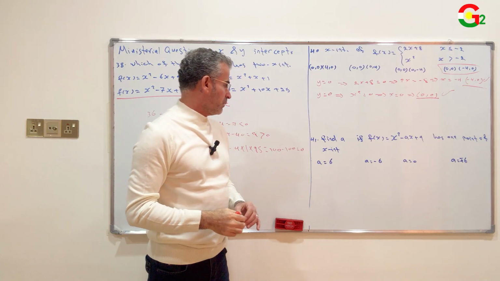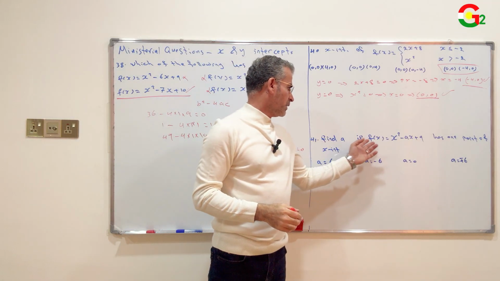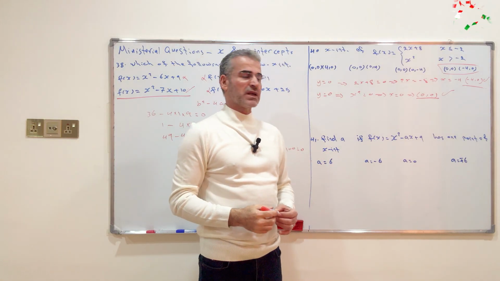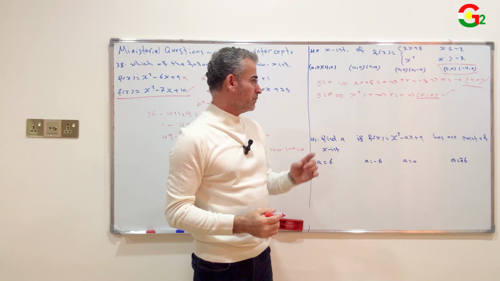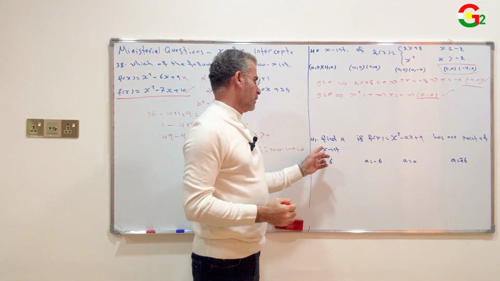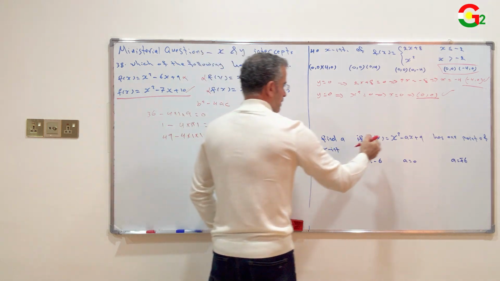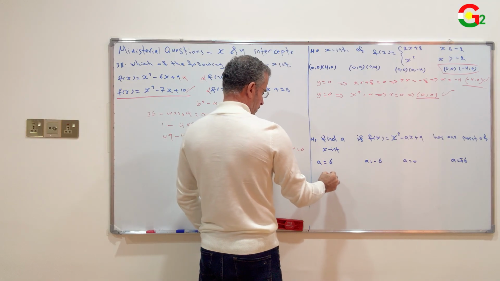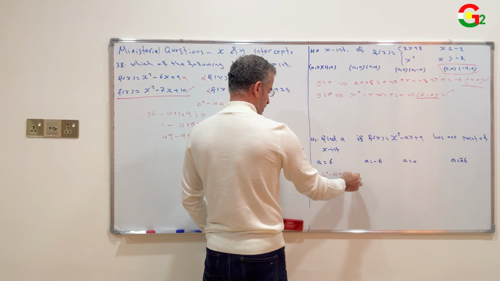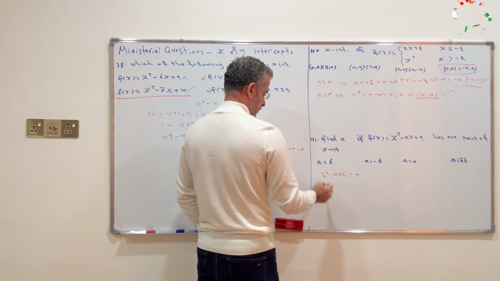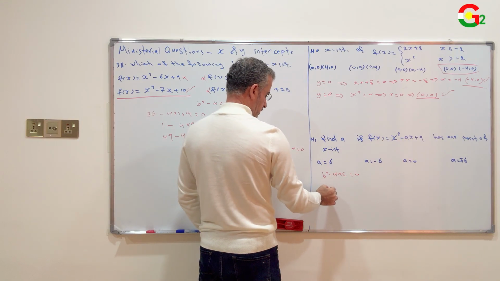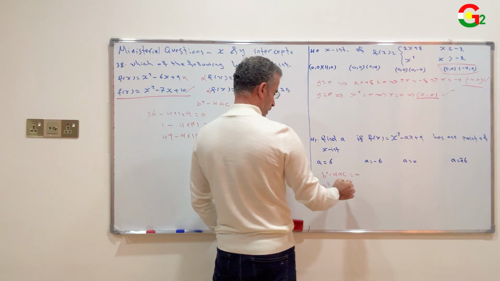Question number 41. Find the value of a if the function f of x equals x power 2 minus ax plus 9 has 1 point of x-intercept. Since the function has 1 point of x-intercept, then b squared minus 4ac for this function should equal 0. b squared is negative a squared, which is a squared.